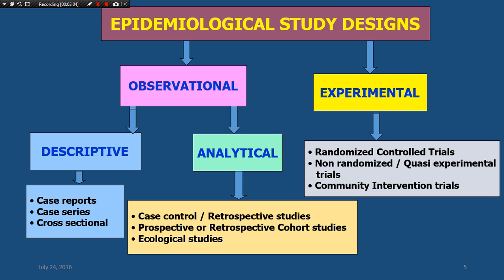Analytical study can be case control, cohort, or ecological study. Experimental studies can be randomized control trial, non-randomized control trial, quasi-experimental trials, or community intervention trials.